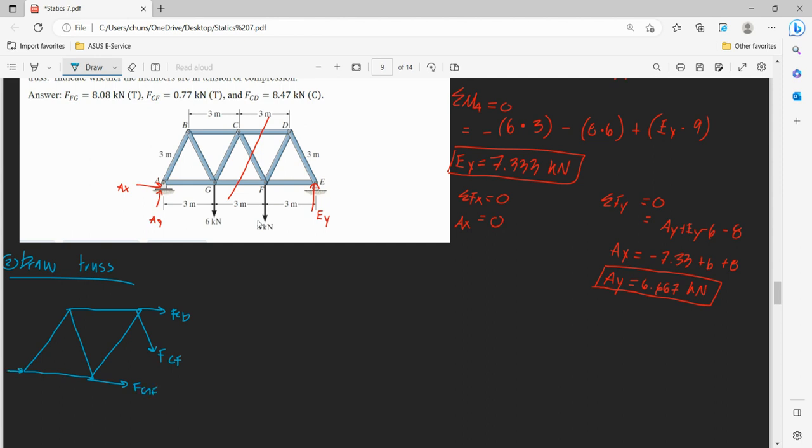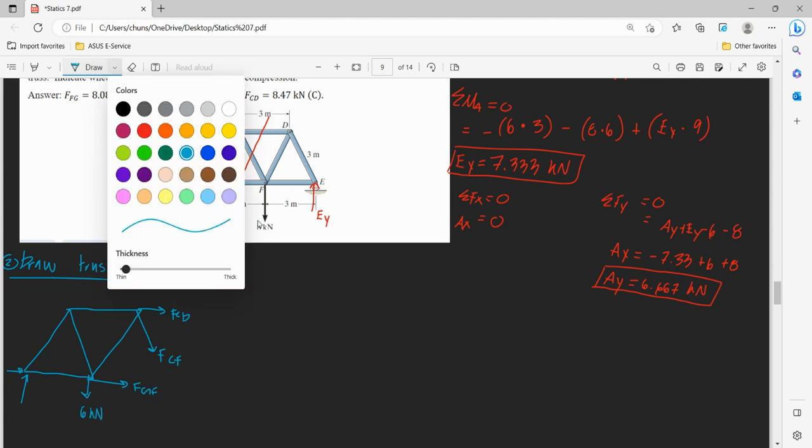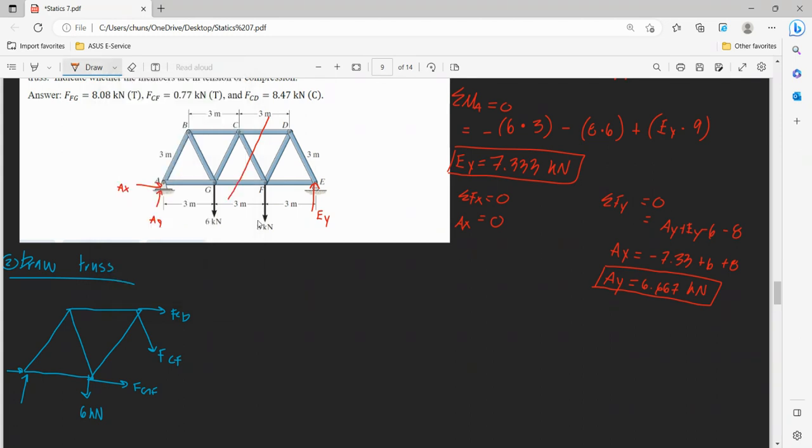Okay, and we have our support reactions. All right, and we also have our 6 kilonewton force downwards, our external force. On the other side, we have this force pointing up, this one pointing out. Let's connect those two. We have 8 kilonewtons external force, and we have our reaction force from EY.